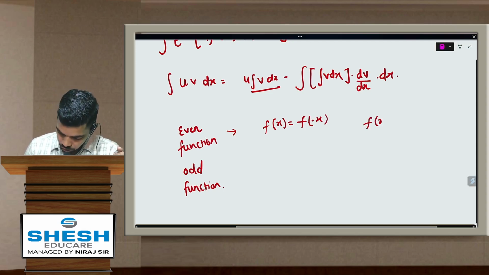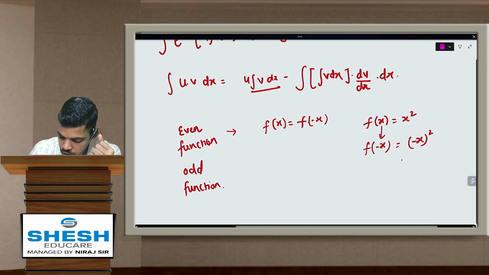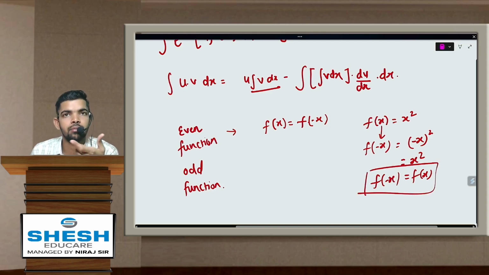For example, f of x is x square. What will be f of minus x? That is, in place of x put minus x. So what will you get? Minus x the whole square, which is x square, and this is f of x. So f of minus x is the same as f of x, right? So we will call this function an even function.